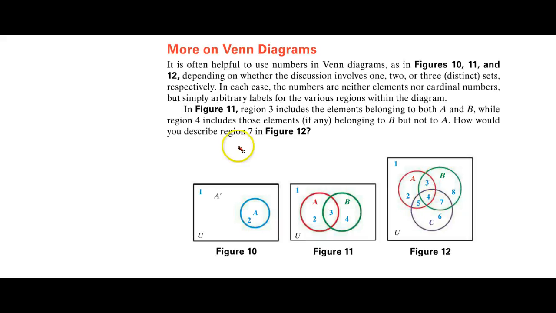But then they ask, what does region 7 say about all of this? How would you describe that? Well, 7 is in B and C, but not in A. So the numbers are just to be able to state things about the Venn diagrams as we see it illustrated here.